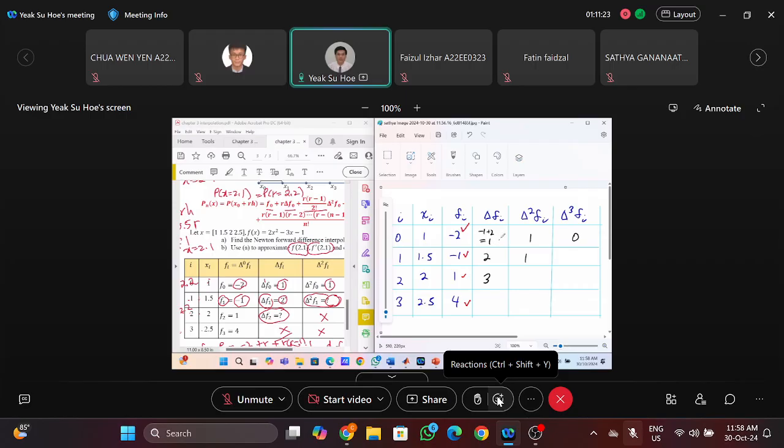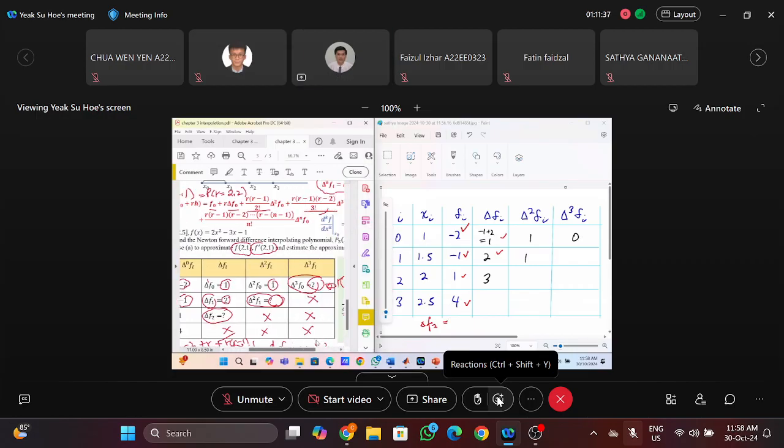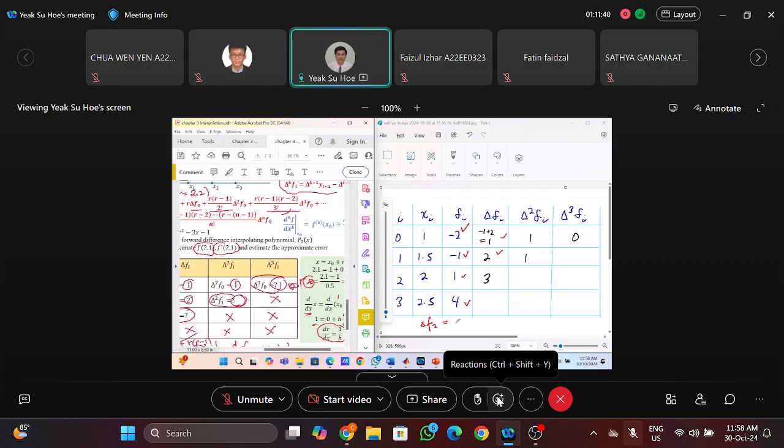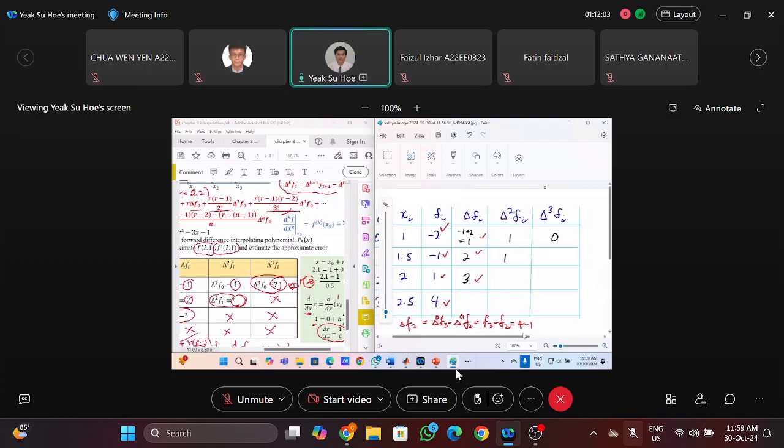Okay, this is given, 1, 2. Now, delta f2 we follow this formula. So it's equal to delta 0 f3 minus delta 0 f2, equal to f3 minus f2. So f3 minus f2 is 4 minus 1, equal to 3. Yes, correct. Quite simple.